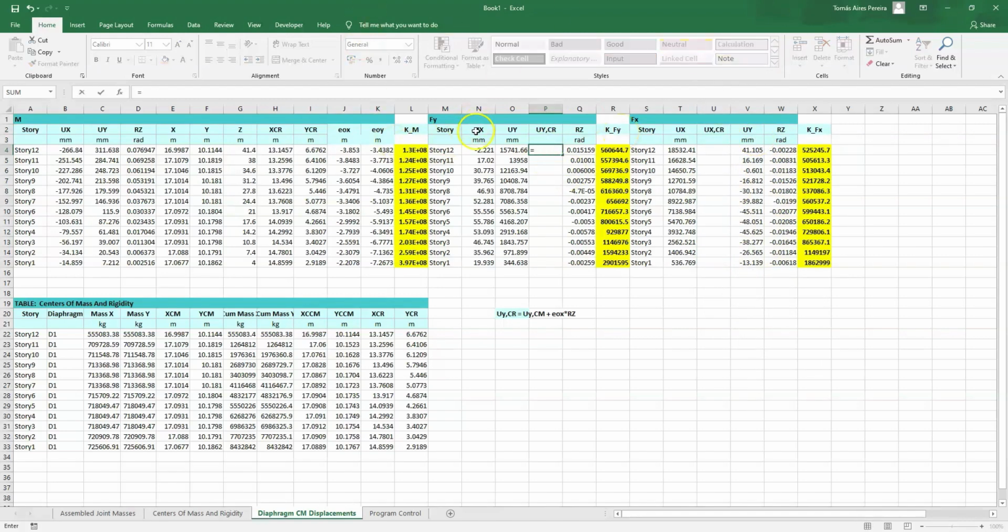Now we will set it equal to the displacement of the original center of mass plus the expression of E0x times the rotation in z. This is applied to all stories, and we do exactly the same for the other variable. We are creating the formula for the other direction.